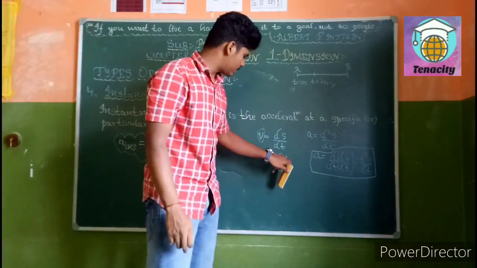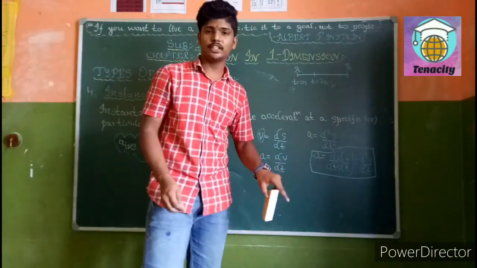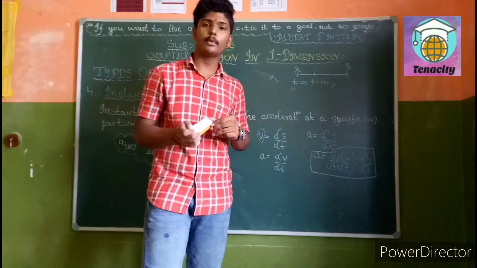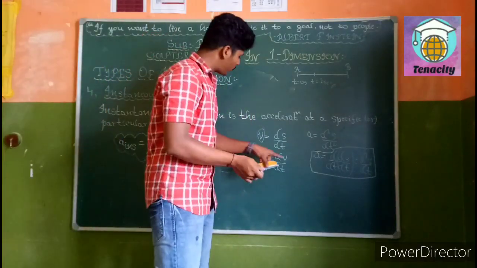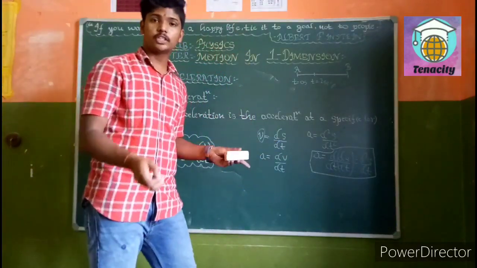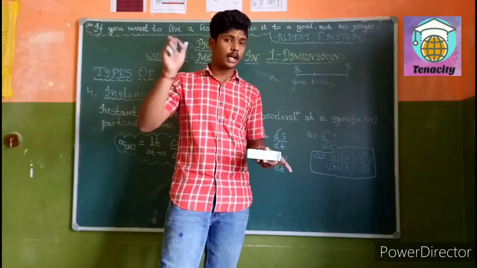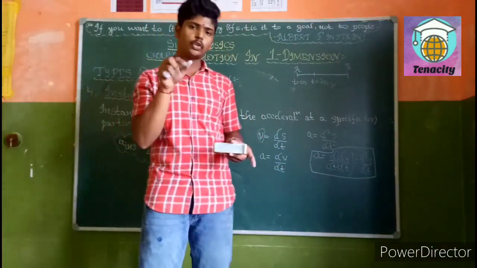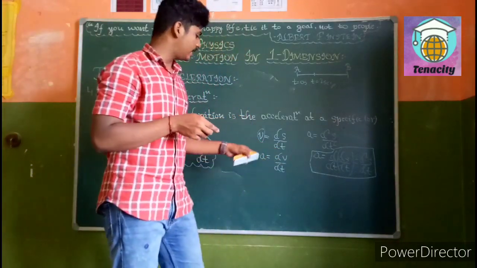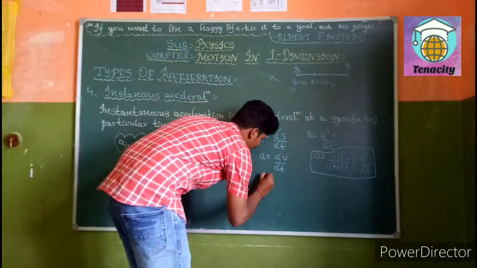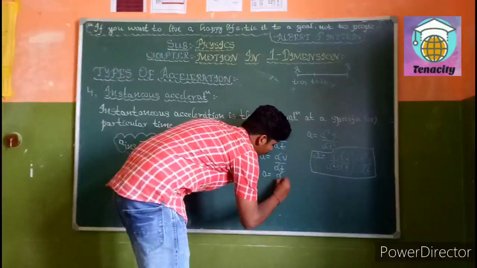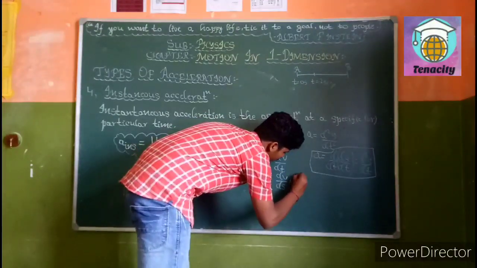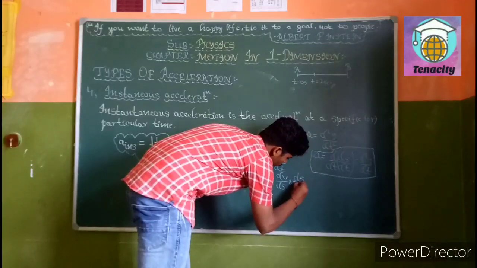Acceleration is the differentiation of velocity with respect to time. In the previous class we discussed the chain rule. If I apply the chain rule, using ds, I can write a is equal to dv by ds into ds by dt.